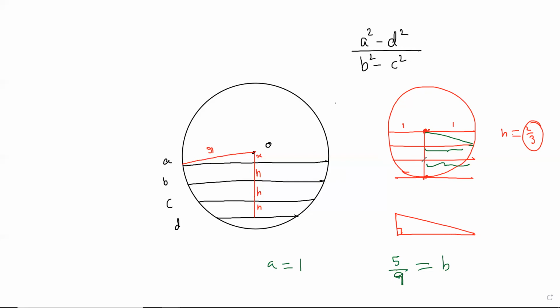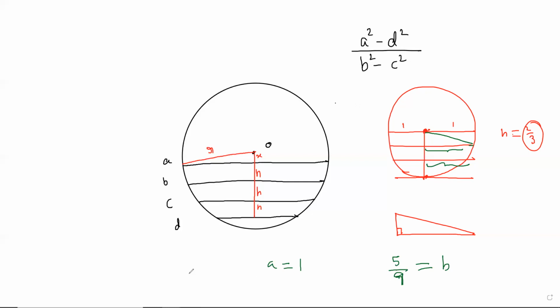But why will it be half? I don't think that it goes like that linearly. Because the radius is 1 and the height is 2 by 3. So 1 square minus 2 by 3 whole square.